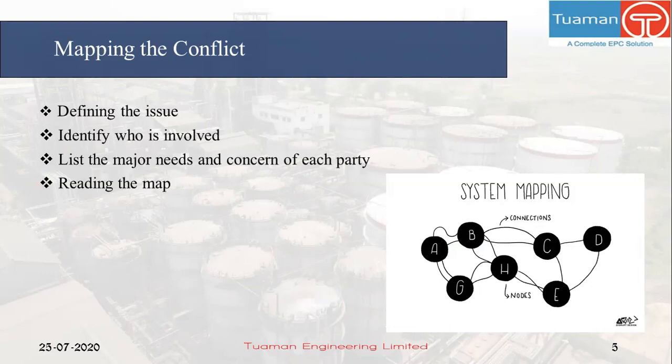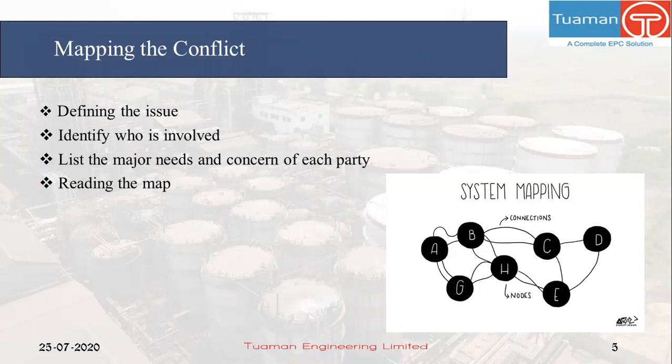When two or more parties are conflicting, everybody has different needs. So it's important to understand what their needs and concerns are, and what they bring to the group or the organization.